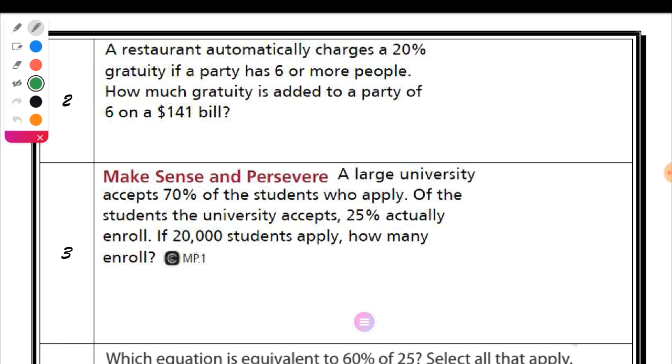How much gratuity is added to a party of 6? Party of 6, so it started from 6. If the bill is 144, so the main is the bill. This is the whole. And I will add 20%. I need the part. So this is the percent. I need the part.